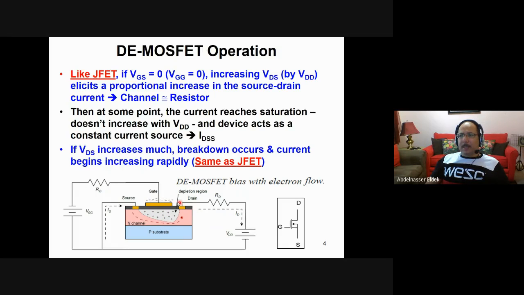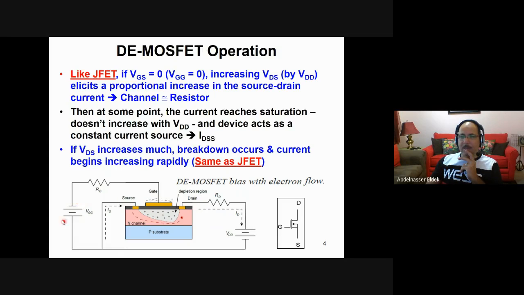This is explained here, and we call it the depletion region. When you increase this VGG more, you increase this depletion region, and in this case you decrease the electrons that can move, as if you are decreasing this area here. So in this case you are decreasing the current.